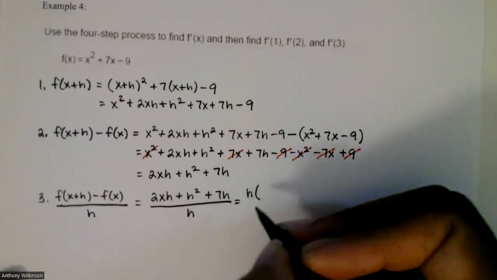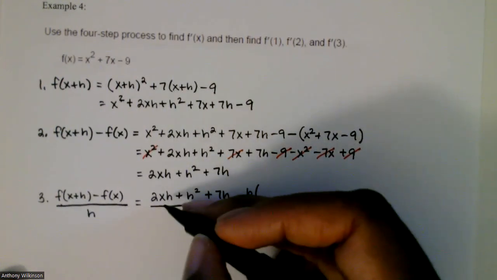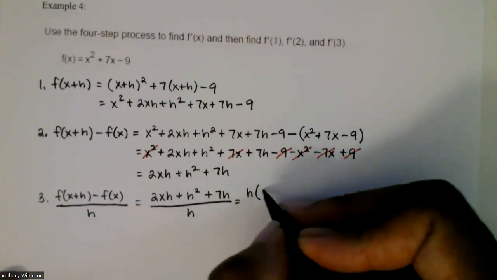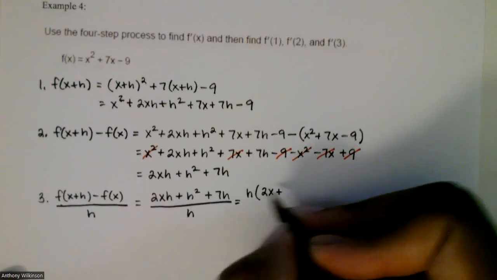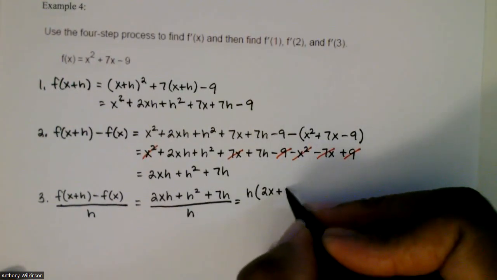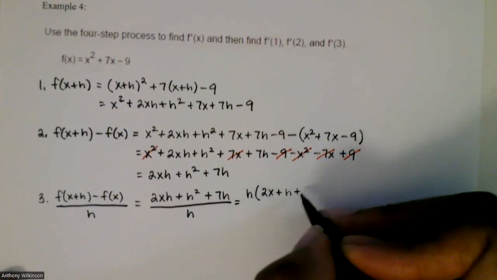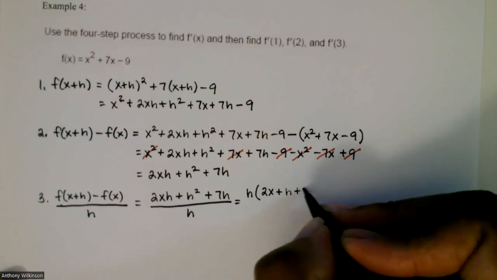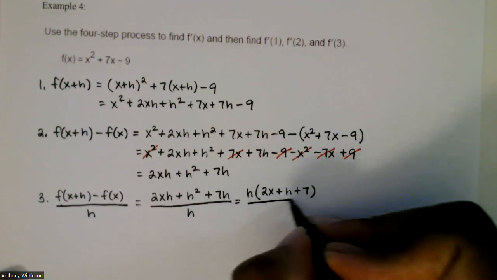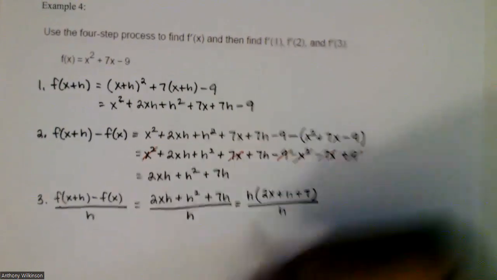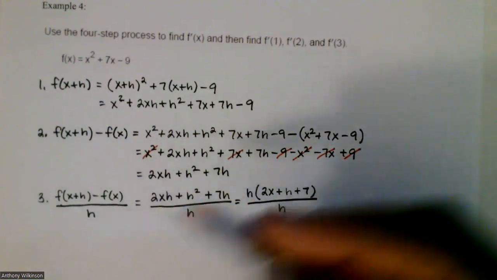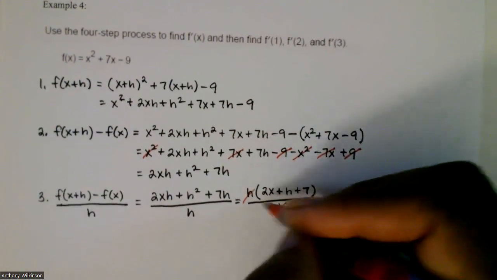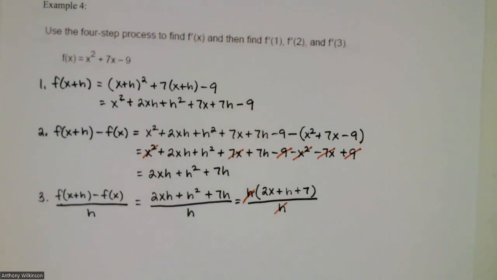Okay, let's factor out the h. 2xh divided by h would just be 2x. H squared divided by h will just be h. 7h divided by h would be 7. And then you'll divide that by h. So here the h's divide out. So you'll be left with 2x plus h plus 7.